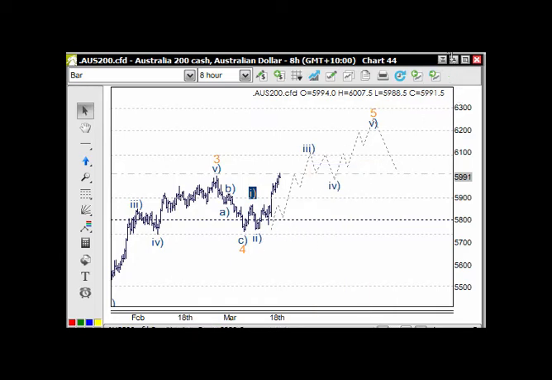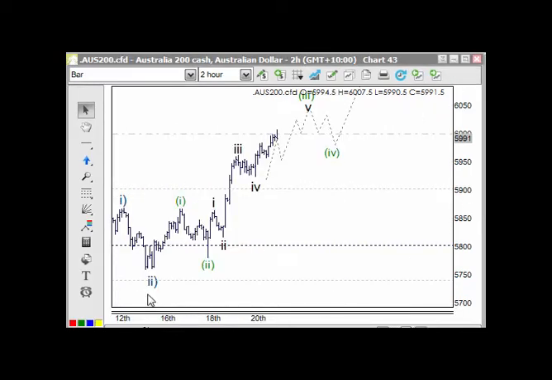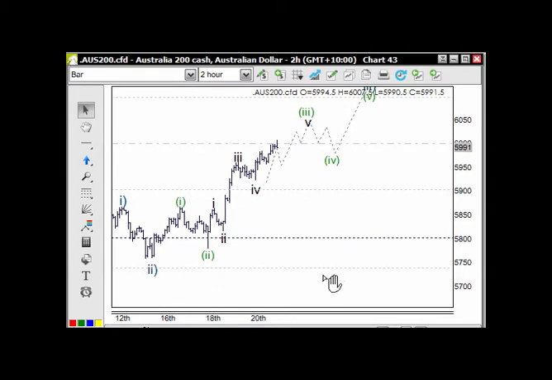So from wave 1 and 2 here, this is wave 2 here, we're looking for 5 waves up here. So from wave 2 to wave 3 up here, we're looking at this in terms of 1 and 2, and then we're looking for 5 waves up for wave 3 here.